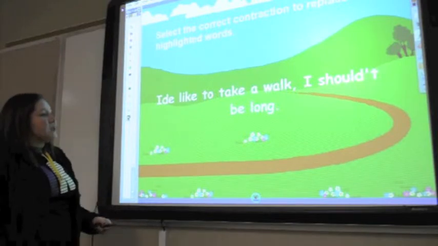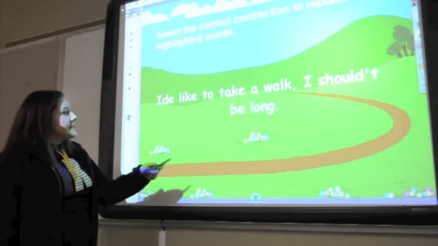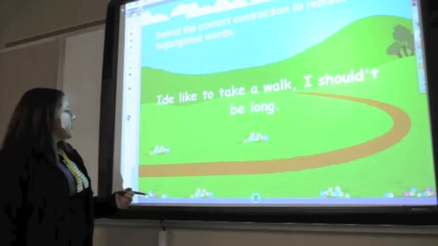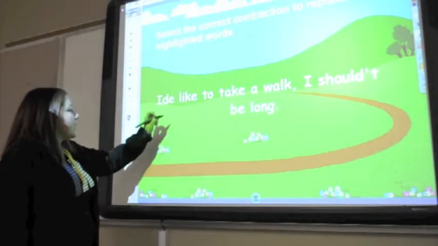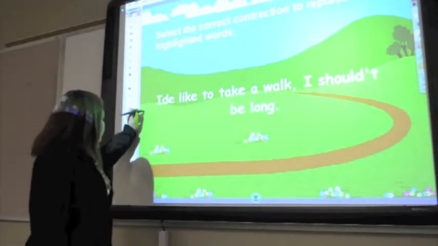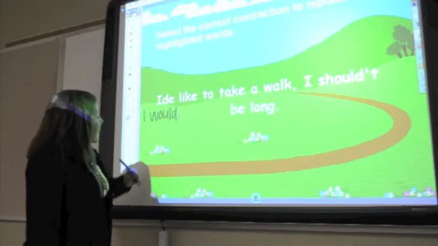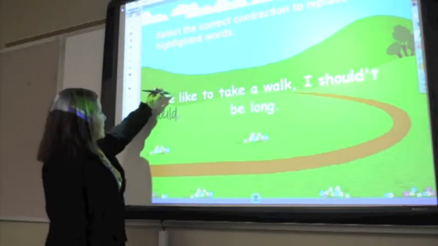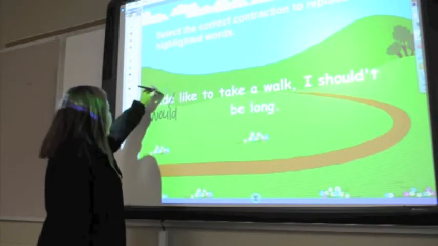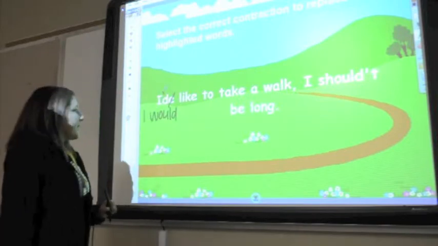So this one has two in them. "Id like to take a walk, I should'nt be long." So right here, the first one is "I'd." This is actually saying "I would," and this is incorrect because there's not going to be an E at the end, and we're going to put the apostrophe right there.